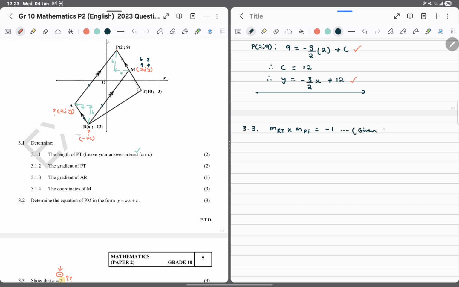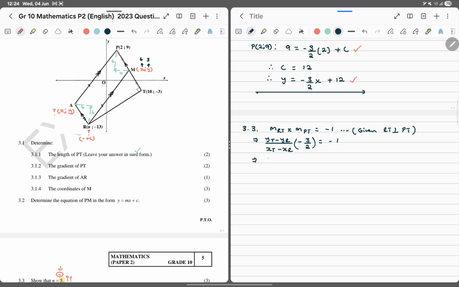Given RT is perpendicular to PT. Right, that's why we know. So this implies gradient of RT is going to be y at t minus y at r divided by x at t minus x at r, into the gradient of PT, which is minus 3 over 2. This must give us minus 1.